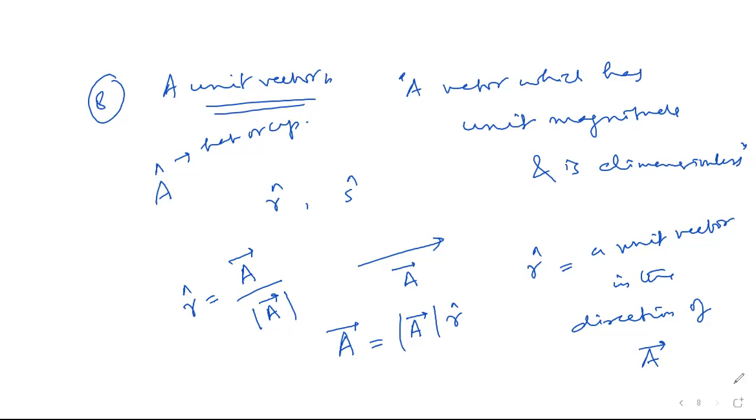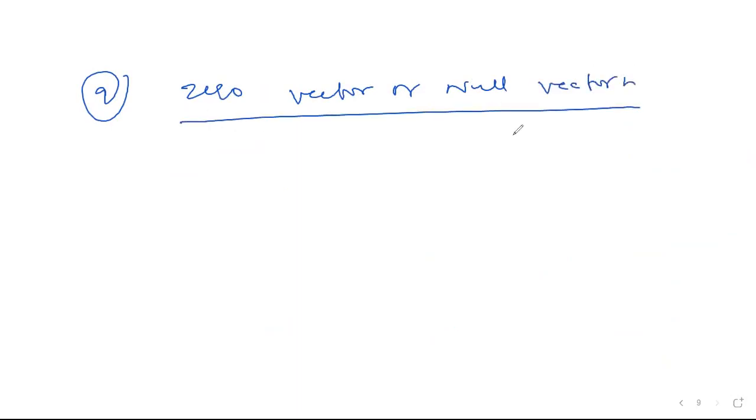Right? There is another thing called zero vector. Write it clearly, zero vector, or we call it null vector. What is a zero vector or null vector?